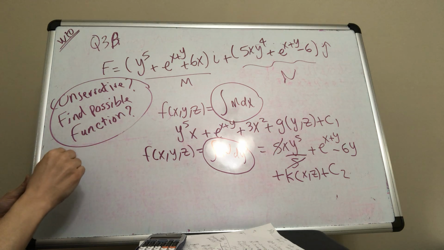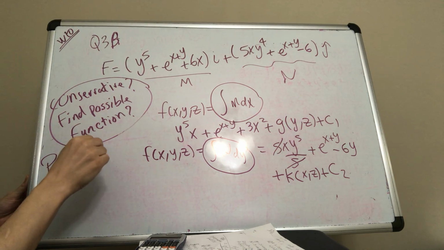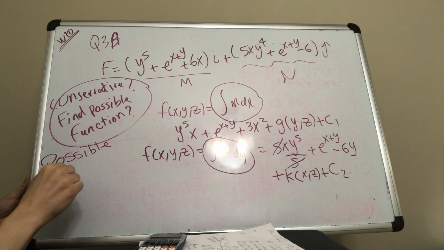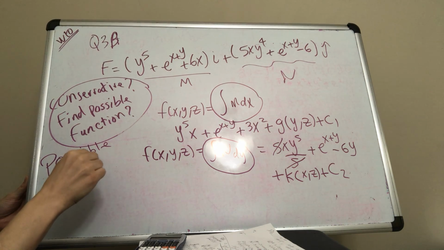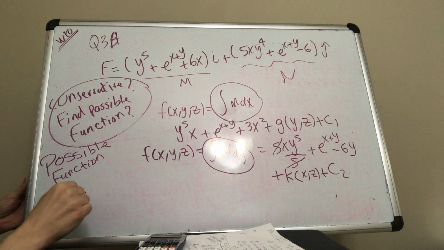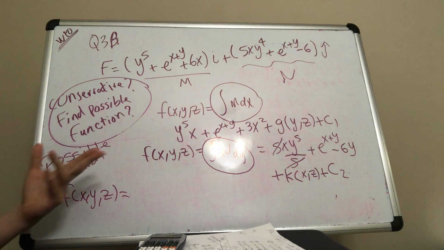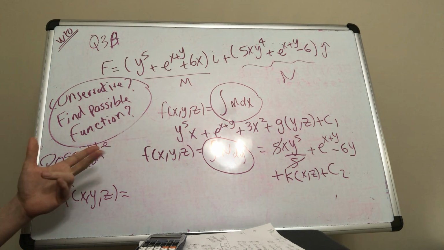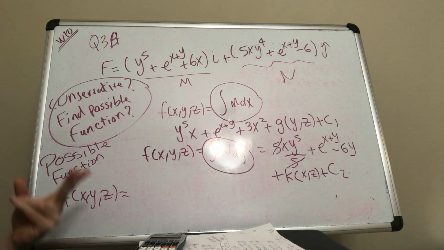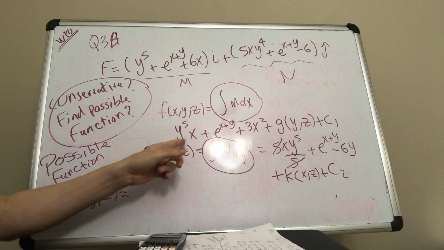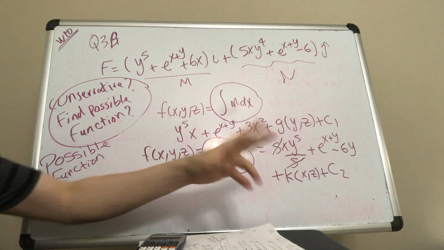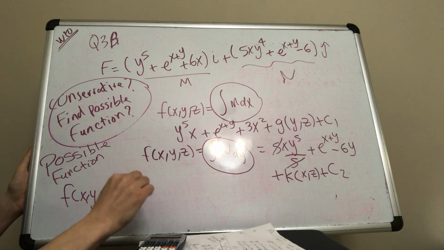So now we can find a possible function. I told you in the previous question, you look at the two answers, anything repeated, you include once. So xy to the power 5, it's repeated, so we need it once.